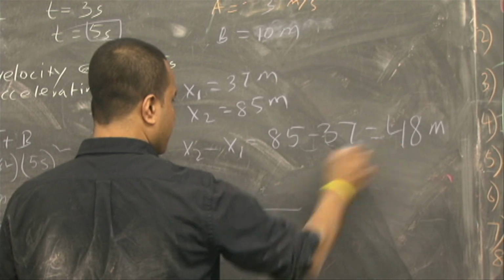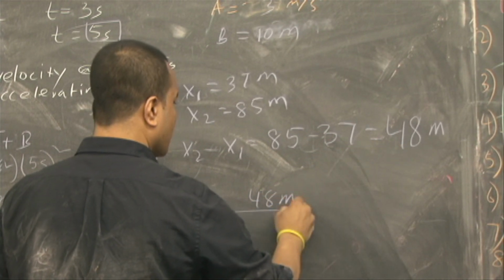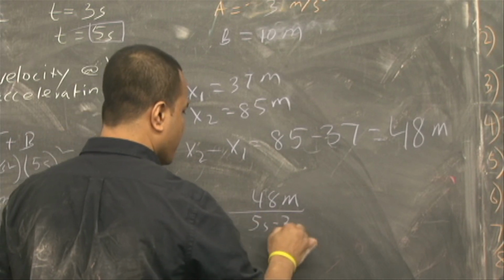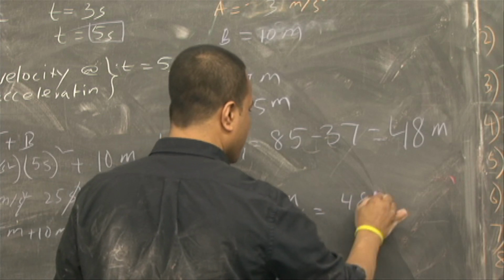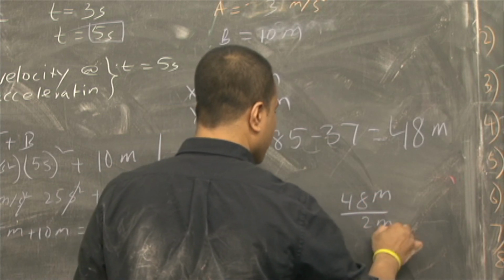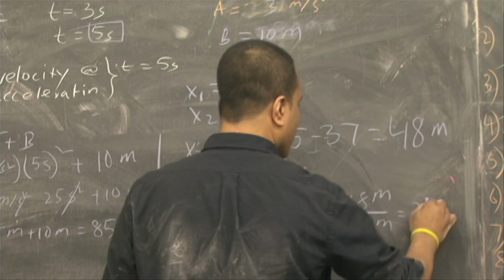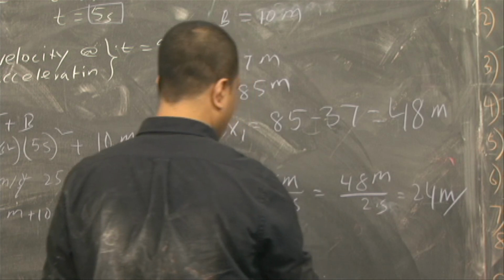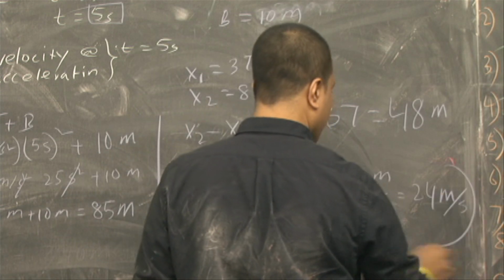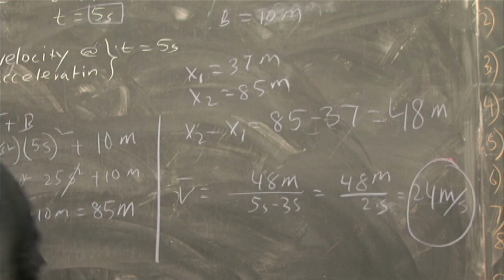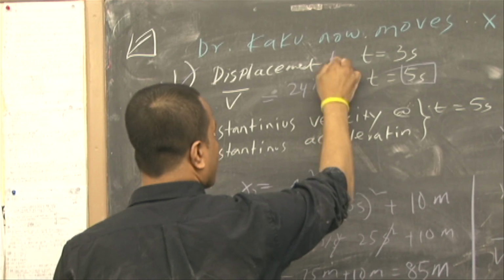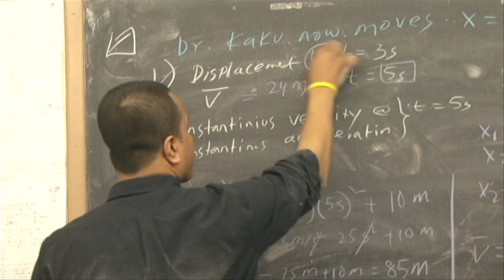So displacement over change of time, 5 seconds minus 3 seconds, this is 48 meters over 2 seconds, which is 24 meters per second, right? So the average velocity was 24 meters per second and displacement was 48 meters.